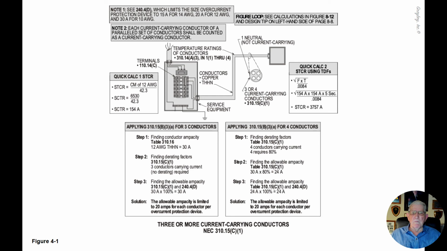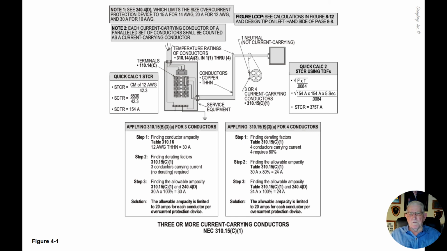Now when we do our math in the second bullet by taking 154 amps times 154 amps times 5 seconds, divided by the new clearing time of 0.0084 second, then we come up with a short time current rating of 3,757 amps.